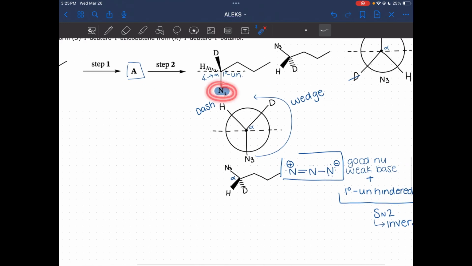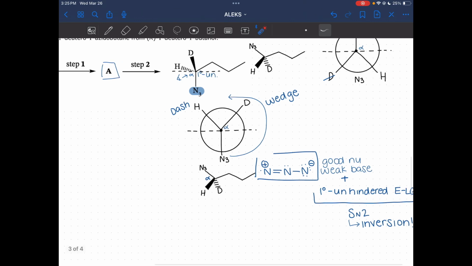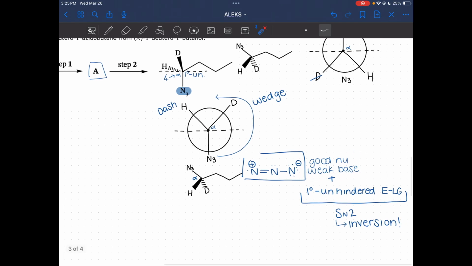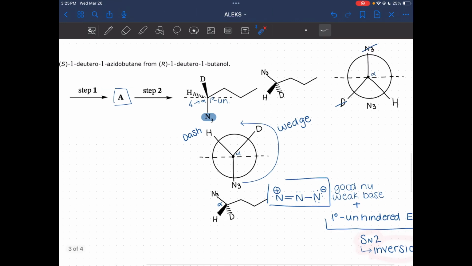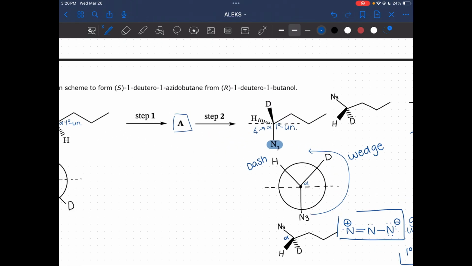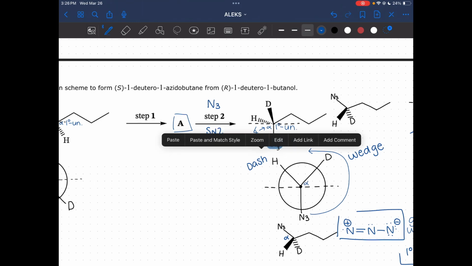We've identified what N3 even is in the first place, the fact that it's a good nucleophile, weak base. We recognize that when we combine it with some primary unhindered intermediate, we're going to get SN2, which would lead to our inversion. So this is a really good sign that our step 2 was this N3 nucleophile, which would lead to SN2, and we would get that inversion that we need.